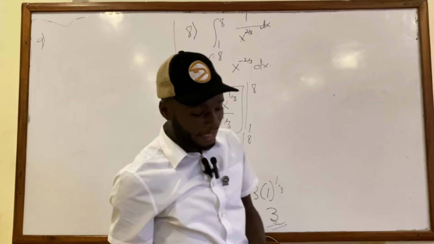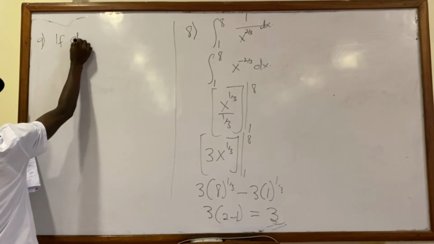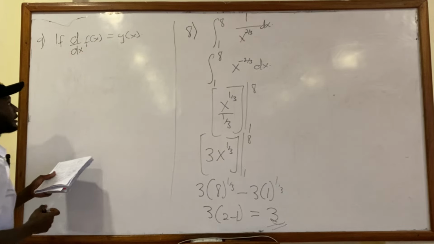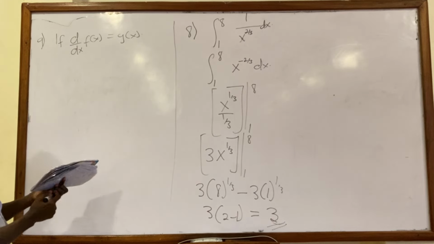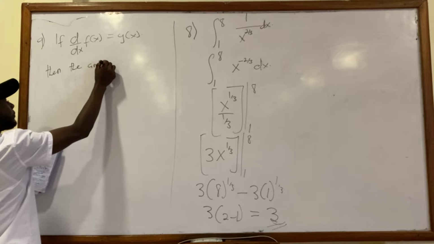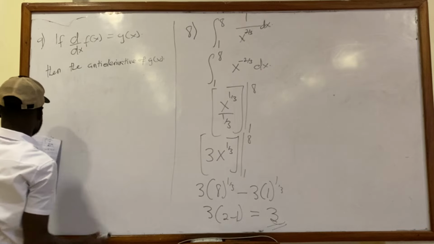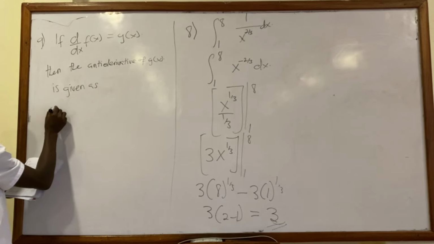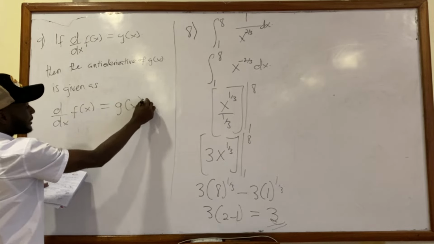So question number 9 says, if the differential of a function, let's say f of x, is equal to a function, say g of x, then the antiderivative of g of x is given as d/dx of the function f of x, and that should be equal to the same function.